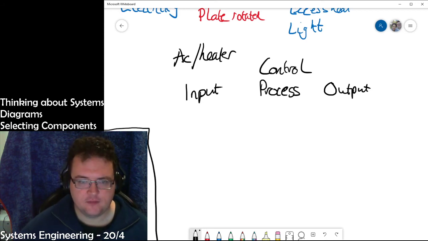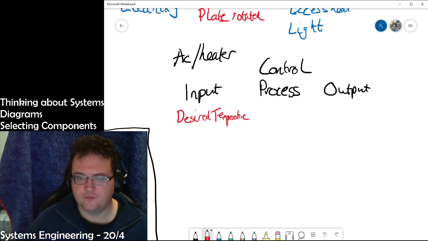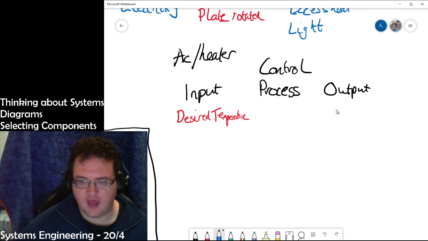The input would be the desired temperature. The output is the required temperature.